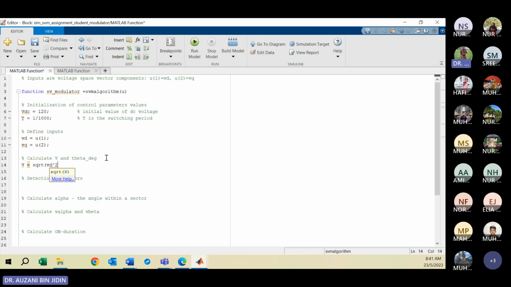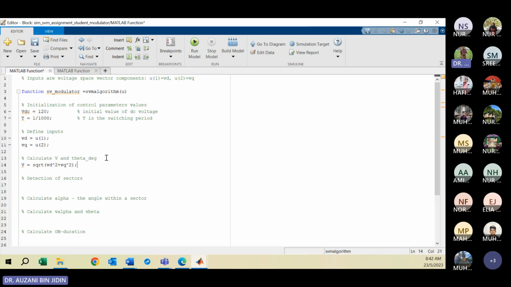This is how you write power of 2, with the hat symbol. Plus VQ squared, semicolon. Good assignment, can discuss together.